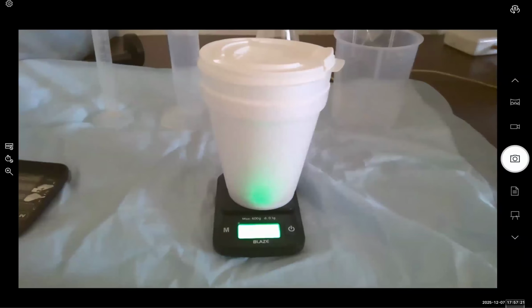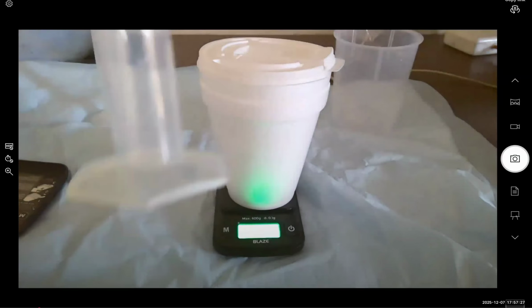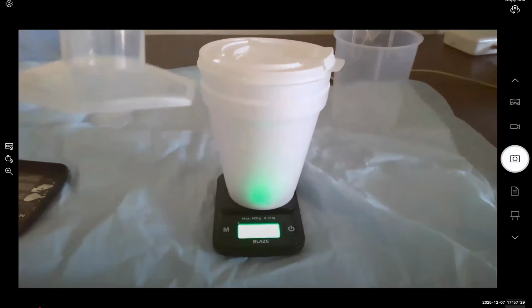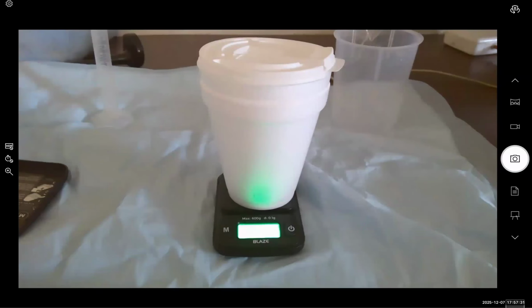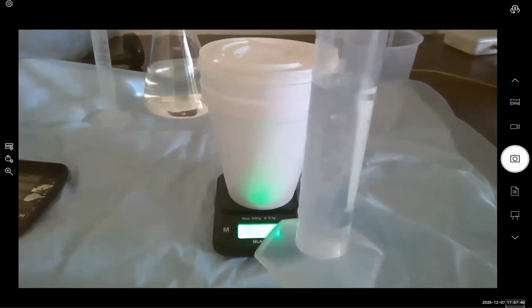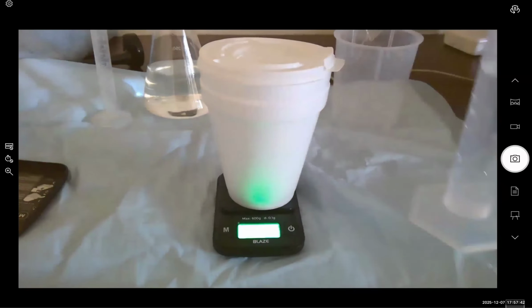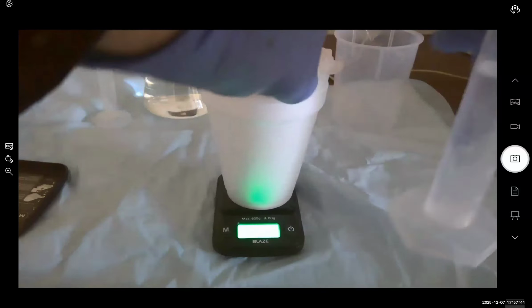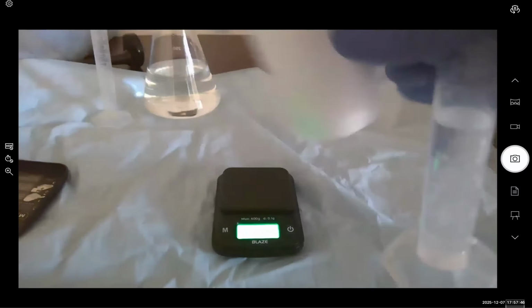Okay, we're now going to prep the water. So I have some distilled water that I've already prepared in a separate video. The preparation of the distilled water is not super important. Okay, so I've dispensed some distilled water and I'm transferring that into my coffee cup calorimeter.